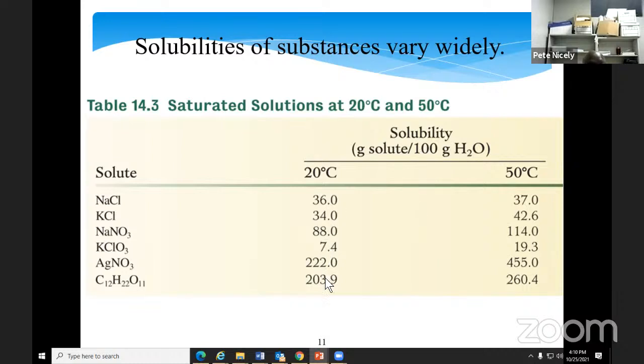And you see some other numbers being shown here. What you'll notice, if you compare the solubilities at the two different temperatures, is that the solubility increases with temperature, right? And that is true for most solid solutes that are soluble in water. Generally speaking, with some exceptions, the solubility will increase with increasing temperature.